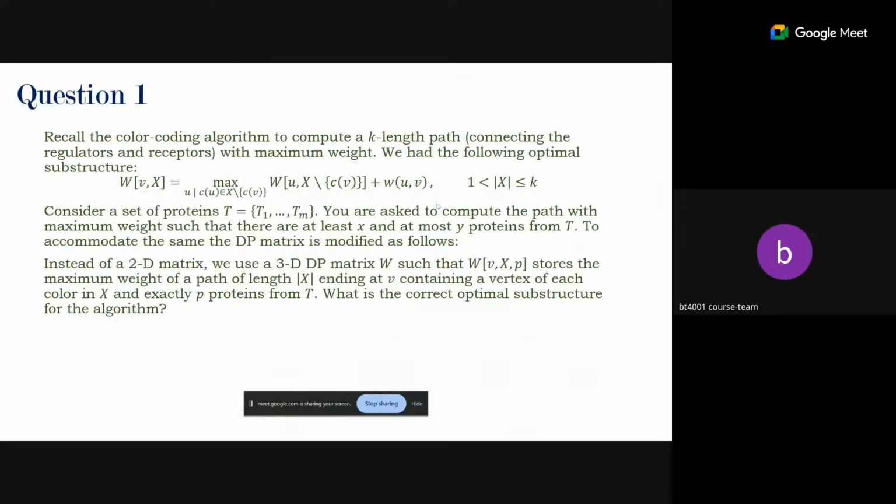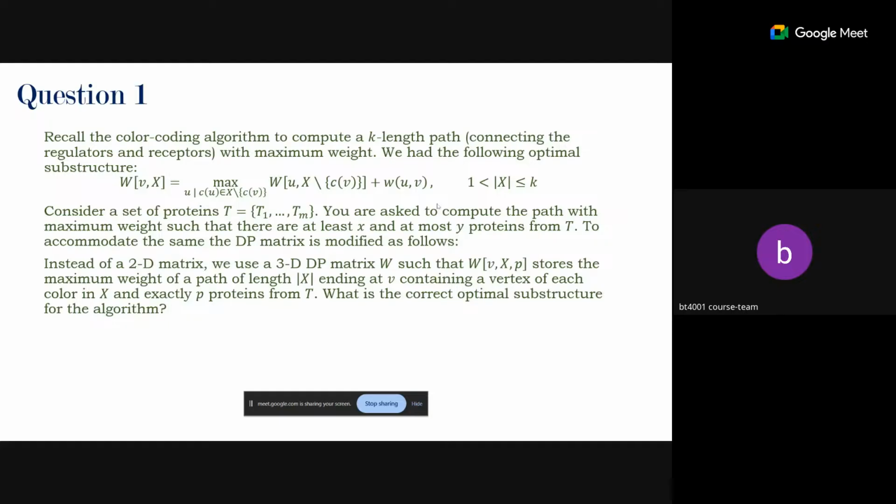Okay, so here's the color coding problem. This is an algorithmic problem. This problem is actually in the color coding paper that we have shared with you, the paper which introduced how we can integrate color coding in computational biology.